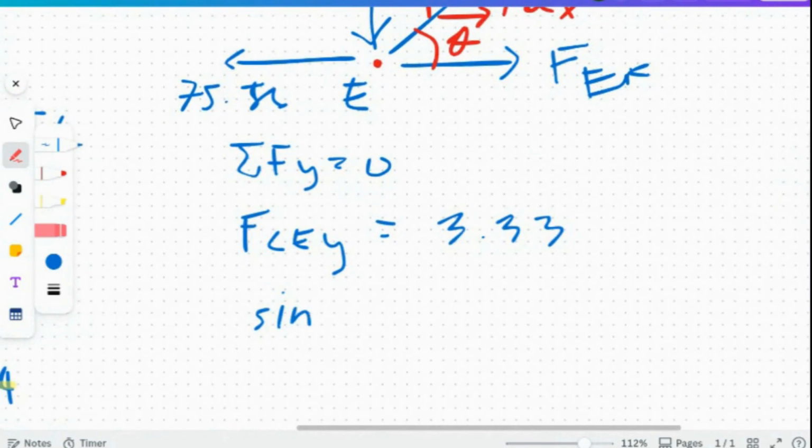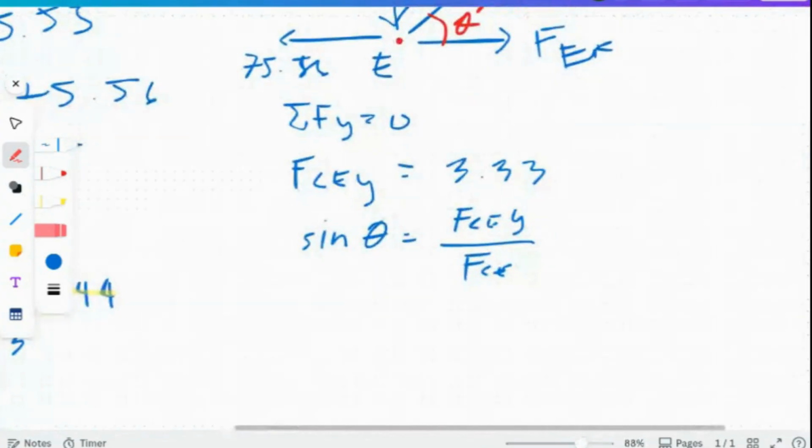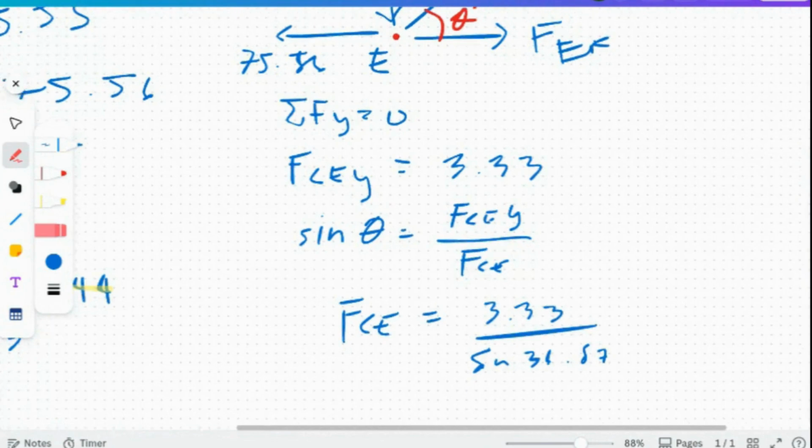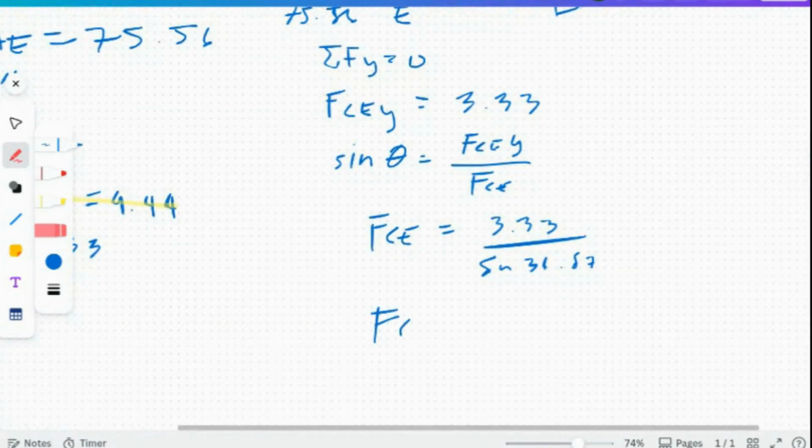Sine theta is equal to FCEY over FCE. So FCE is equal to FCEY divided by sine 36.87. So 3.33 divided by sine 36.87, we will get an FCE value of 5.